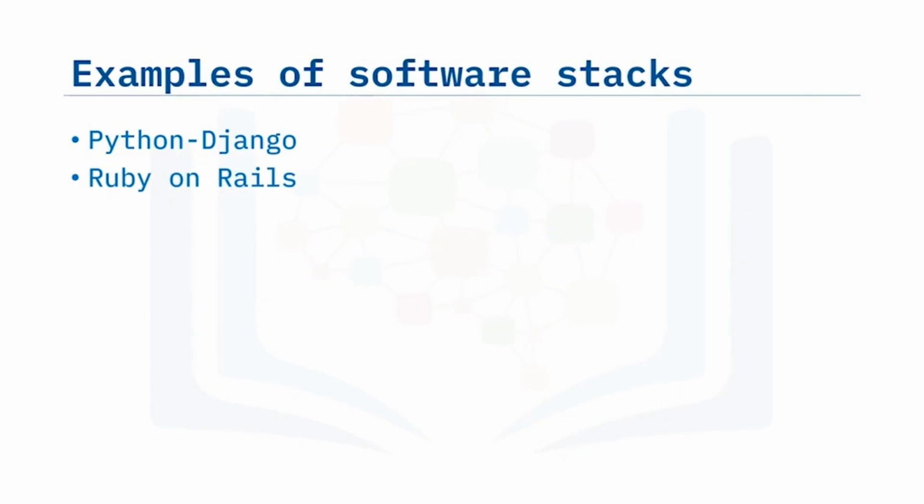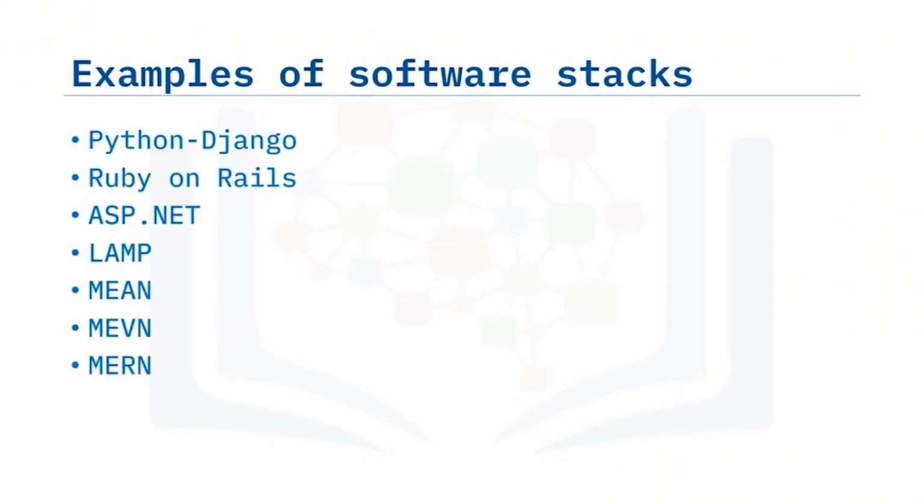Ruby on Rails is great with JSON or XML for data transfer, and HTML, CSS, and JavaScript for front-end development. And the ASP.NET Stack includes Microsoft technologies such as the ASP.NET MVC framework, the IIS Web Server, SQL Server, and Azure. You'll learn more about the LAMP, Mean, MEVN, and MERN stacks next.